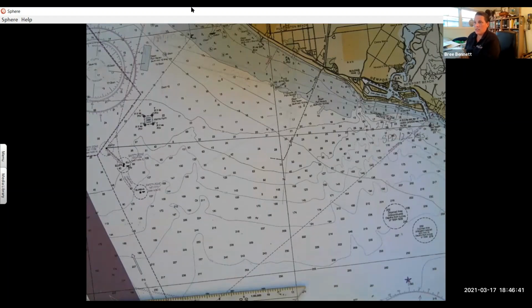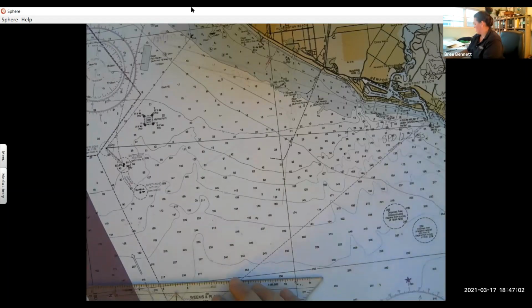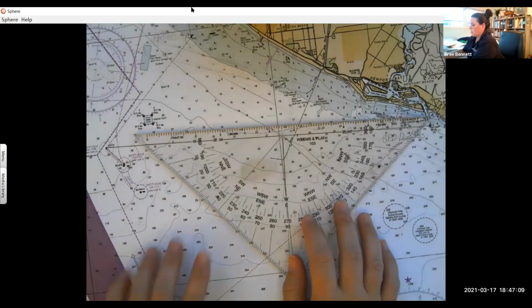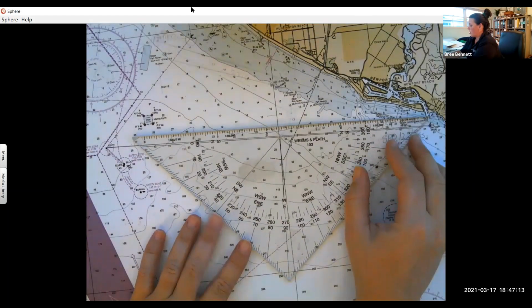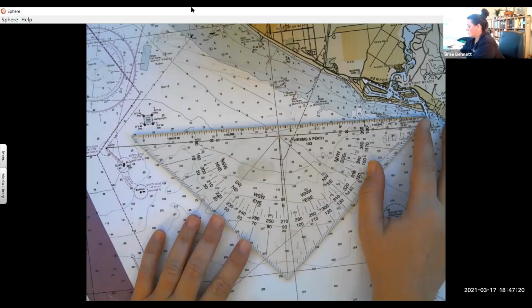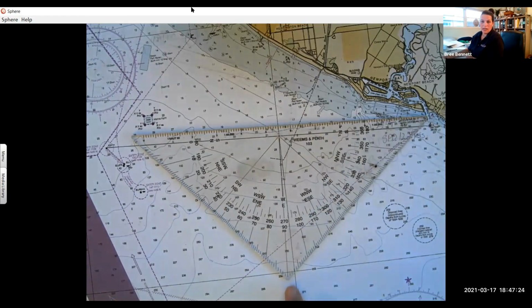So if we're using the triangle, we put our long side of the triangle on our course and the focal point on a vertical line, and we could read down at the bottom what our course is, between 270 and 280, about 3 ticks over, so 273.